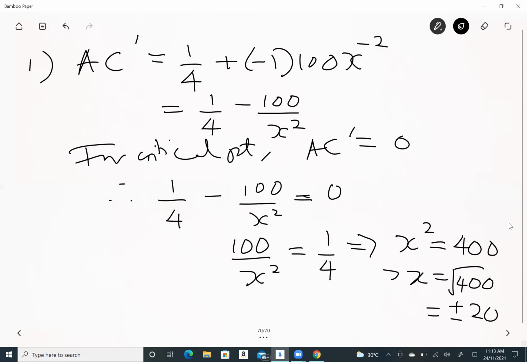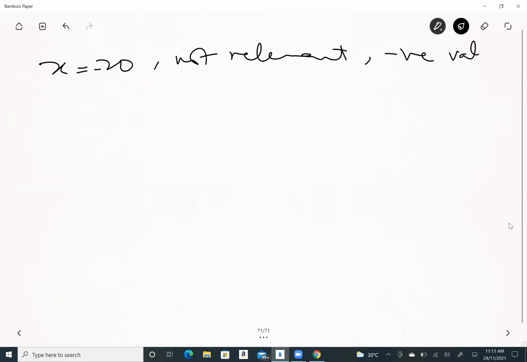Okay, so we keep that. So part number 2, x equal to negative 20, not relevant. All right, because negative value of output, there is no such thing as a negative value for output.